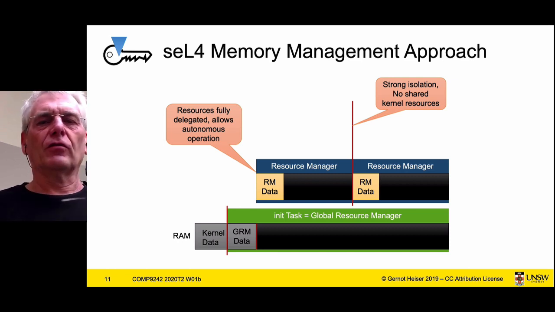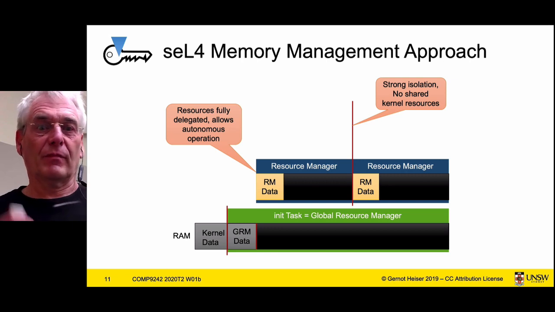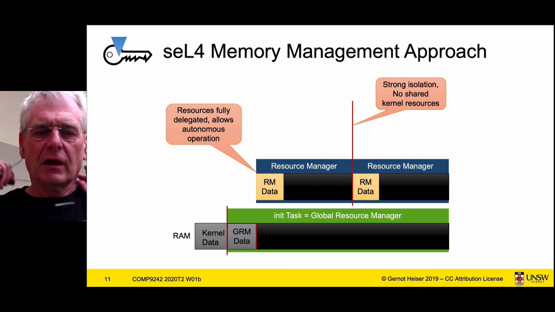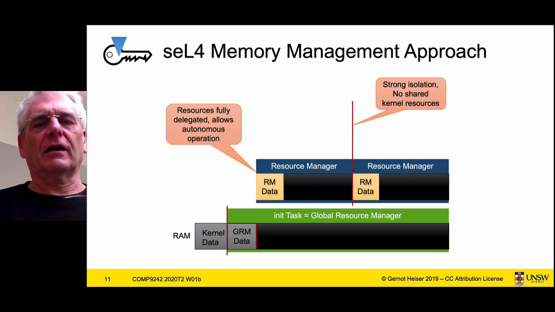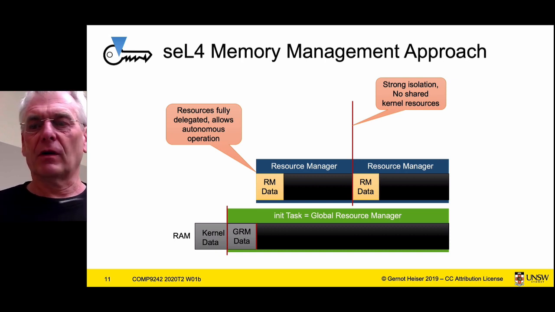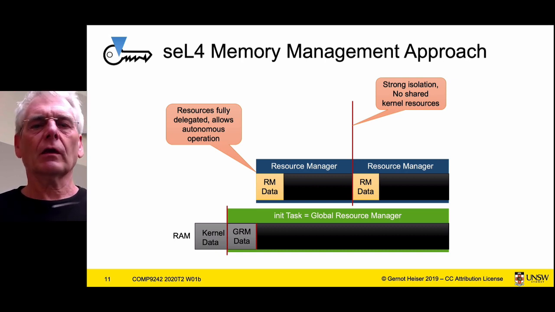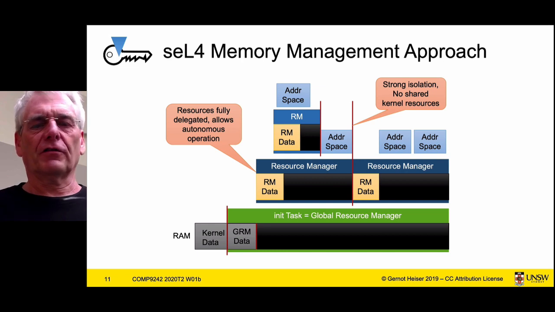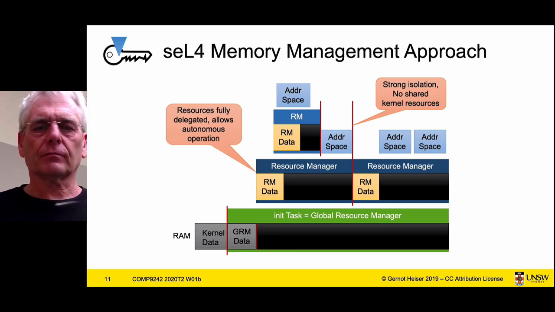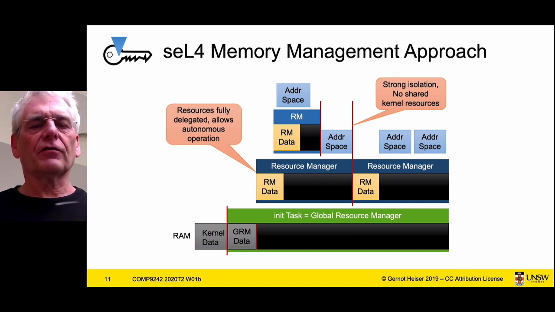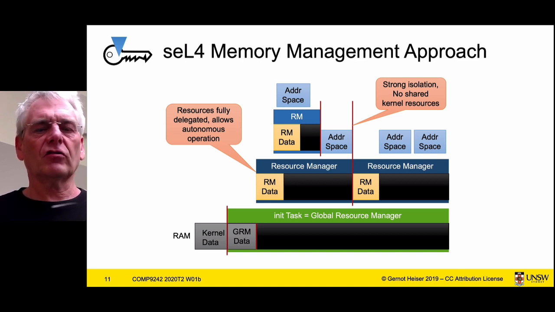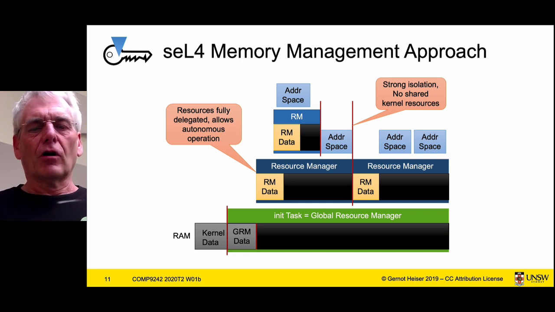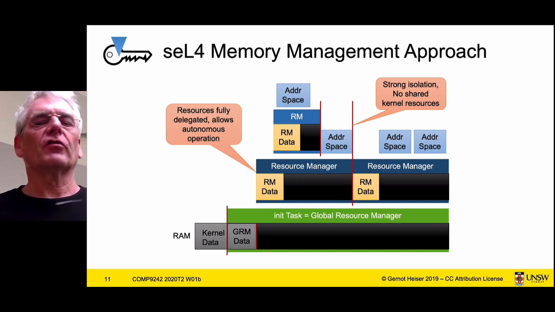In particular, if it's user level, they generally only get frames mapped into their address spaces, and then they can't really interfere with memory management at all. And all this works recursively, of course. So that's the basic idea. What it gives you is very strong isolation. If you partition a system that way with no shared resources, then these partitions cannot interfere with each other. There is no way they can communicate.